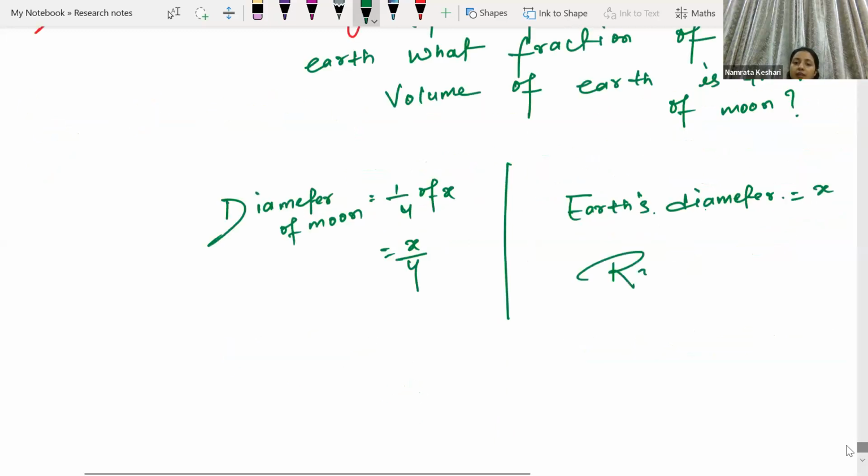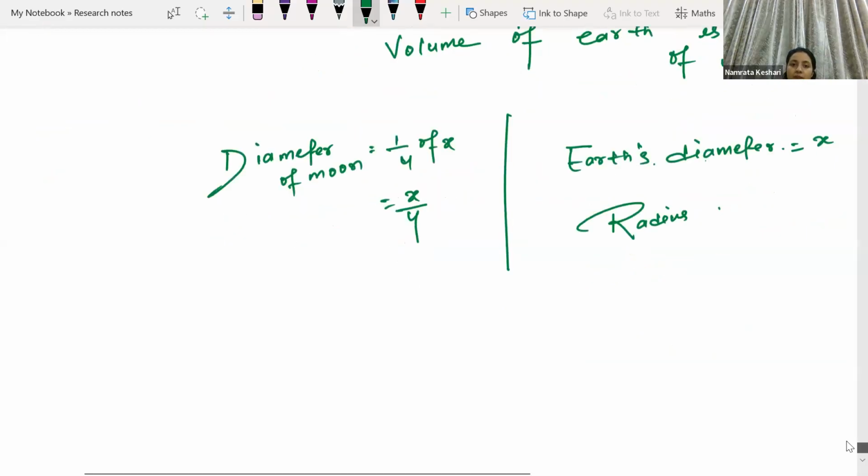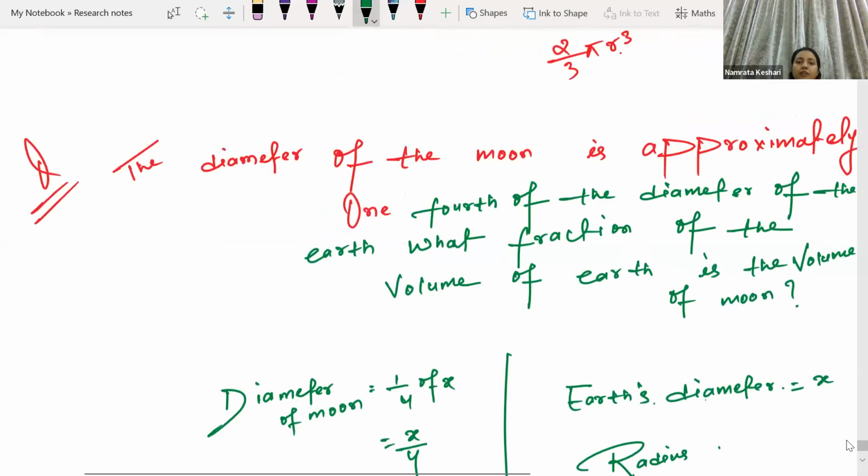Therefore, and radius, can you once again, yeah. Yes, Sazia, what you said? Can I explain it once again? Read the question. It is written over here that the diameter of moon is approximately 1/4 of the diameter of earth.